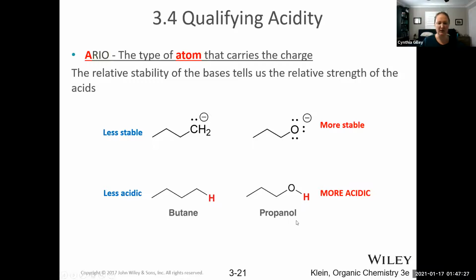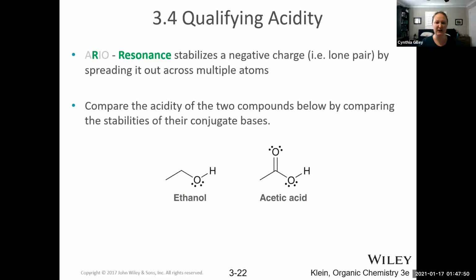Propanol is an alcohol with a pKa of somewhere in the range of 16 to 18 typically. And butane, as we know, this hydrogen we saw before, has a pKa of 50. So it's much less acidic than propanol. So this method of using the atom and comparing size and electronegativity will match the actual pKa data, which is a good way to predict.